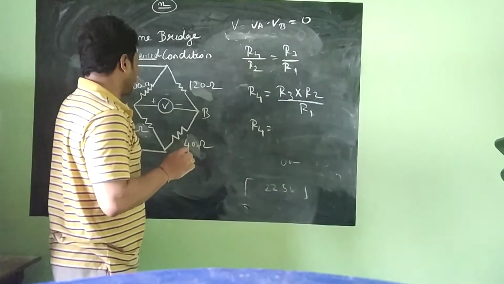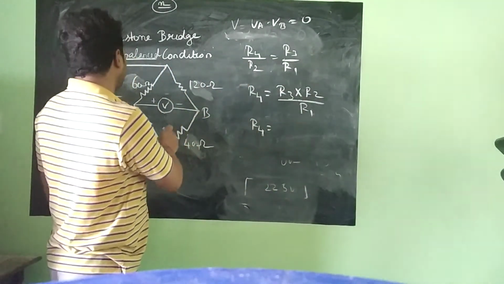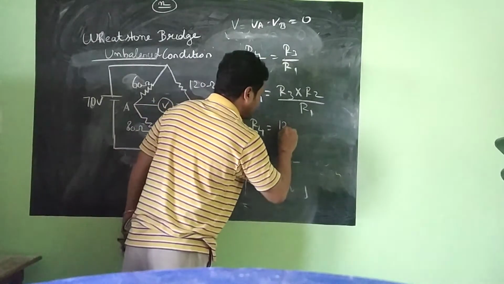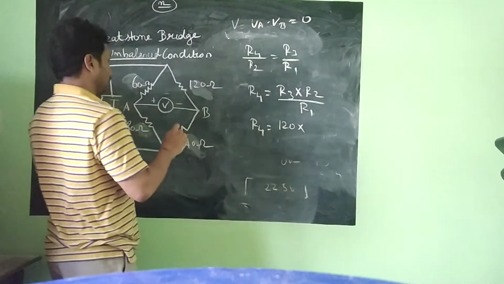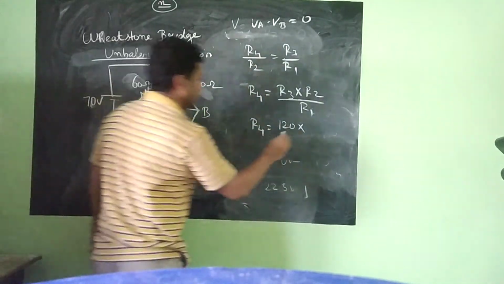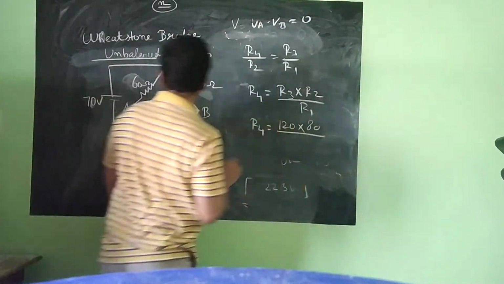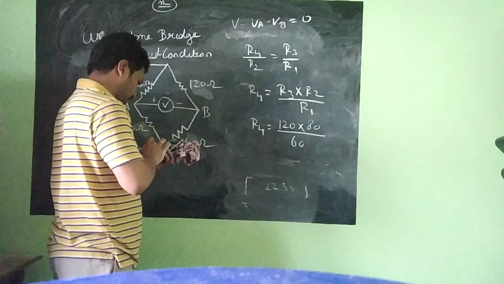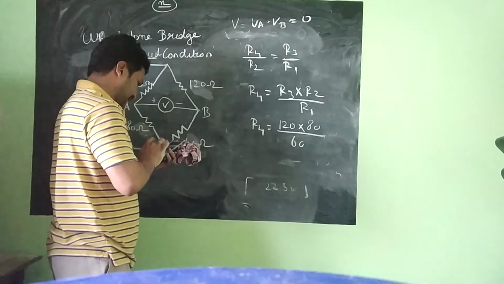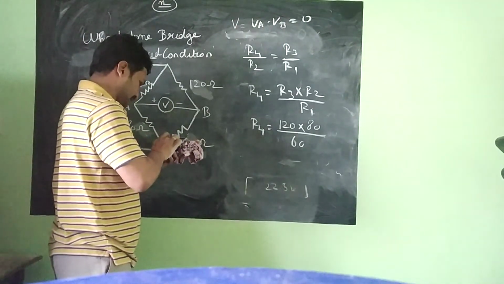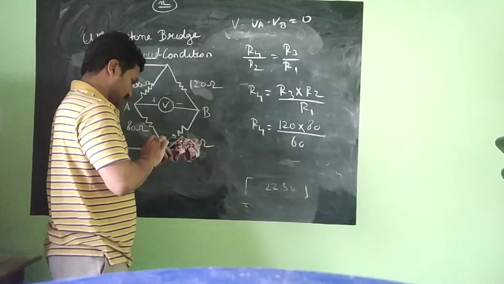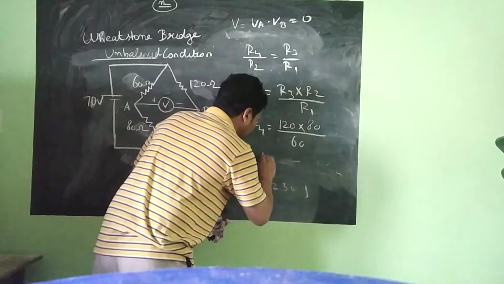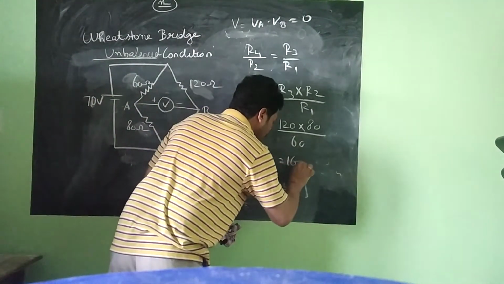R4 equals 120 into 80 divided by 60. You get R4 equal to 160.